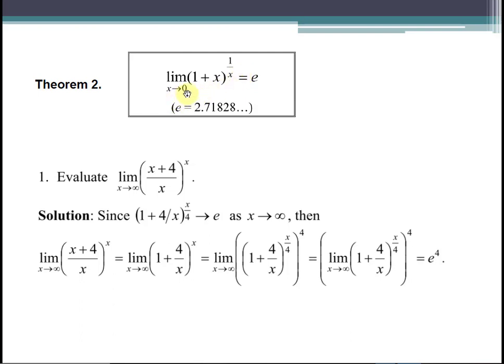And when we change 0 to infinity, it is 1 plus 1 over x. 1 over x tends to 0 now, and here just x. So again, it means 1 to the power of infinity.